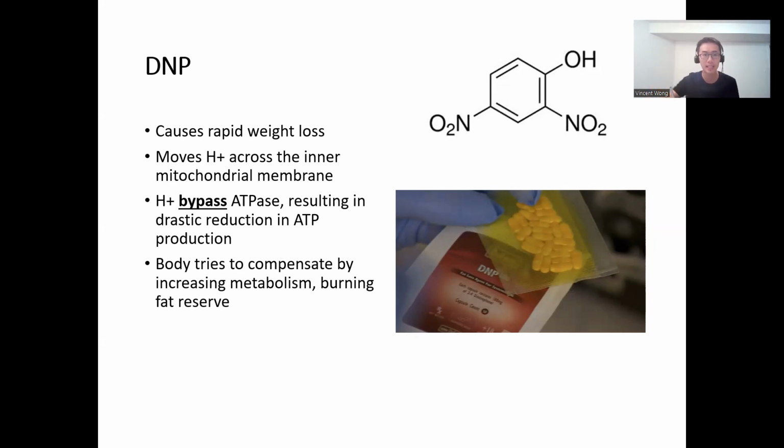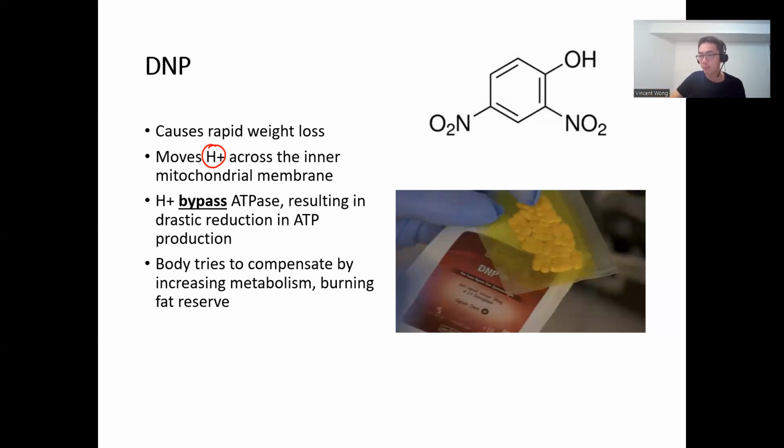How it actually works is that it will transport H plus across the inner mitochondrial membrane. So the first set of poisons we talked about prevents us from creating the H plus gradient, prevents us from building up the dam, basically. But this drug prevents the flow of H plus through the turbine. It blocks it from going through the turbine.